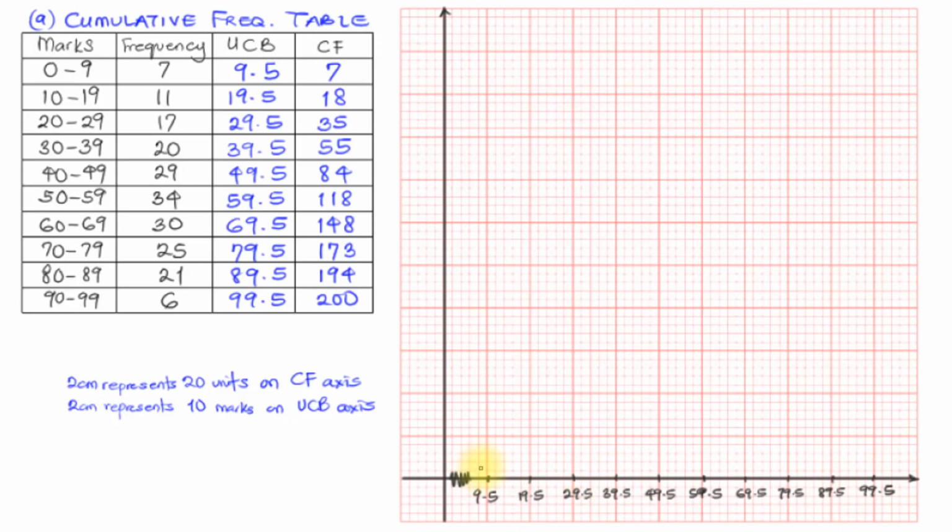So I don't need to be saying that it's 9.5 that is in between these last two. No, because I'm not starting from the origin, I notched it and then I can mark it off in incremental values of 10, but starting from 9.5. Now, on the vertical axis, I've said that I have 200 and I'm using divisions of 20.